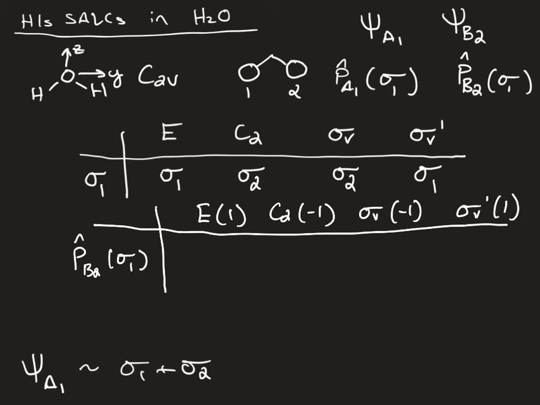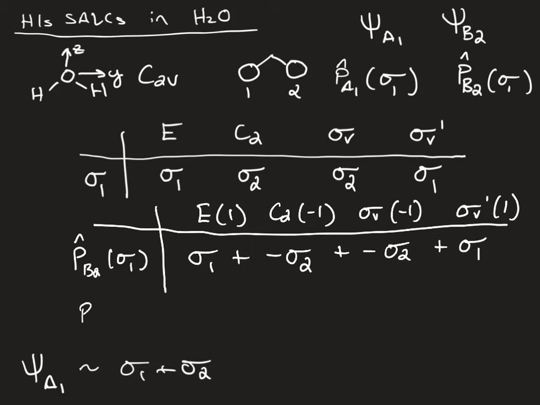So we have sigma 1 plus negative sigma 2, because we multiplied sigma 2 times the character for C2, minus 1, plus negative sigma 2 plus sigma 1.